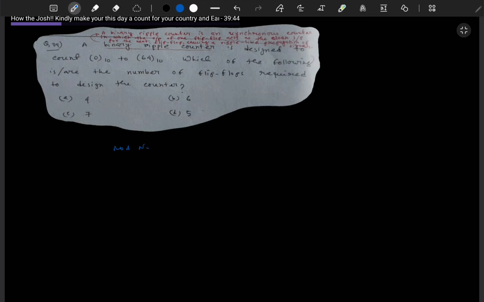So mod is equal to 2 to the power n, where n is the number of flip-flops. Which is 65, since 0 to 64 gives 65 states.